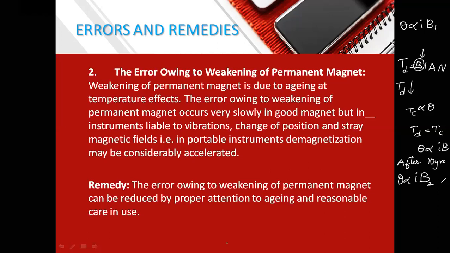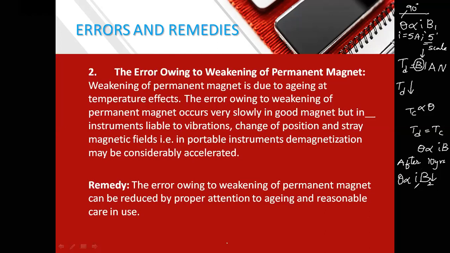That means, say if you are giving 5 amperes of current at the time of this designing, for I equals 5, it has shown the scale reading of 5. For that scale reading, the angle of deflection was say 90°. Now the B value got reduced.